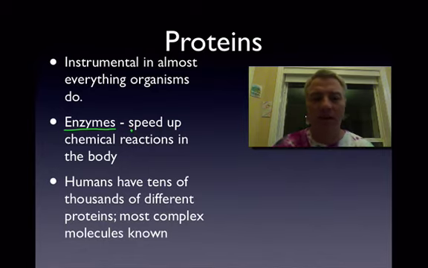That's kind of the way these enzymes work. And you have thousands and thousands of these proteins, these enzymes and different proteins in your body, and they're the most complex molecules known. We'll talk about the structure of proteins later on in the next video, but they're quite complicated little structures there.